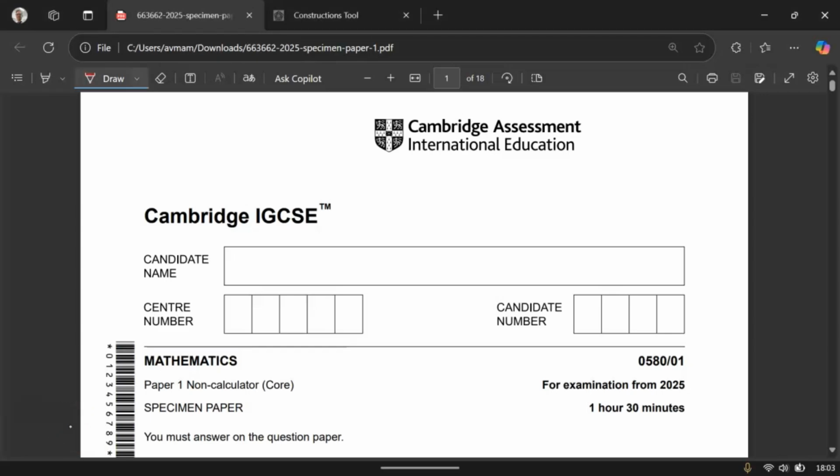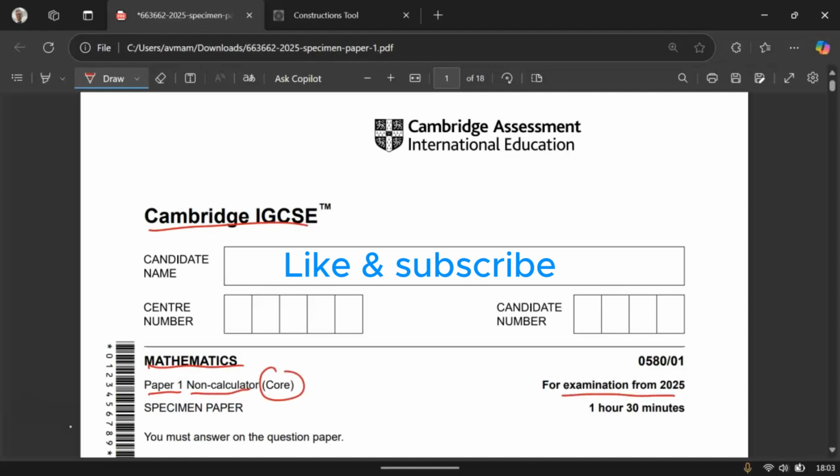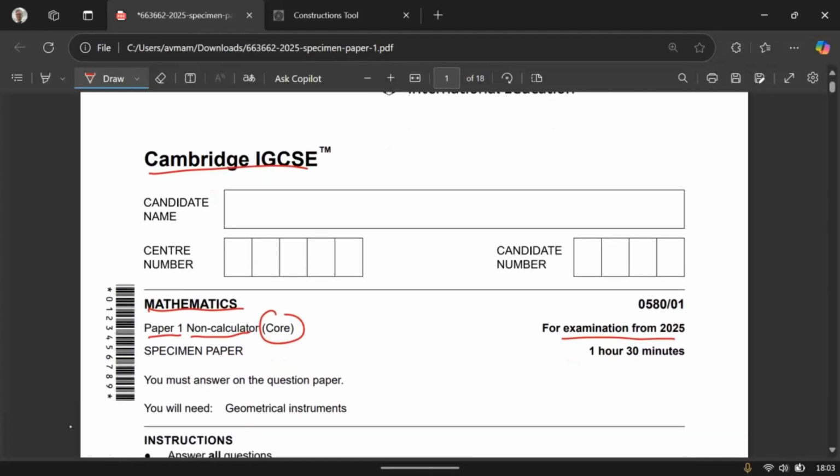In this video, we will work out the Cambridge IGCSE Mathematics Paper 1, that is non-calculator, and it is the core paper for examination from 2025. And if you are in grade 8 or year 9, you should be able to work out almost 70 to 80% of the questions given over here.